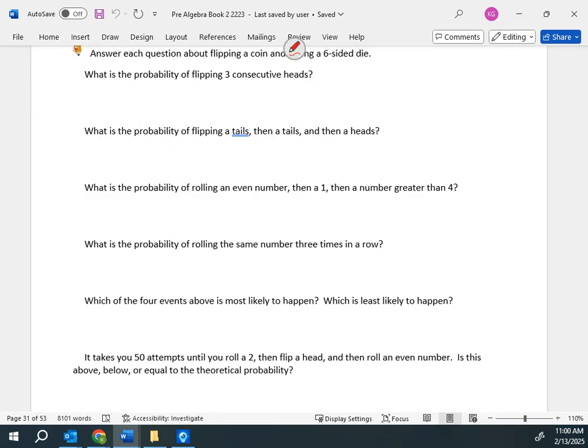We have flip 1, flip 2, flip 3. What's the probability of flipping heads on our first flip? Hadley? What's the probability of flipping heads on our second flip? Harper? What's the probability of flipping heads for our third flip, Luke?